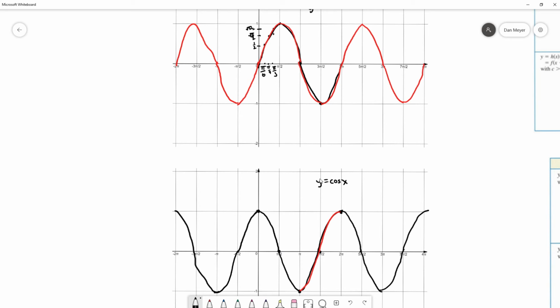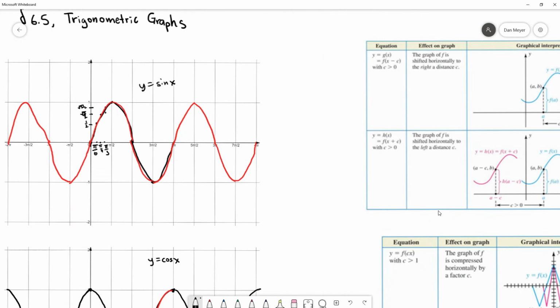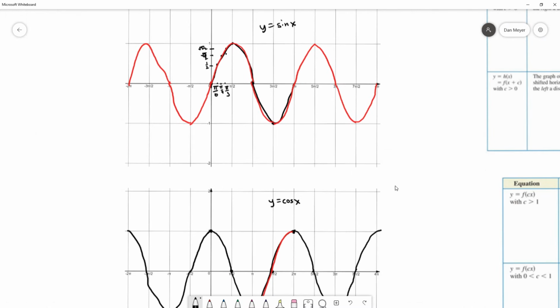So I think of cosine as being pi over 2 ahead of sine of x, is one way to think about it. And we'll have some trig identities that help us to understand that later on in the course, not tonight.